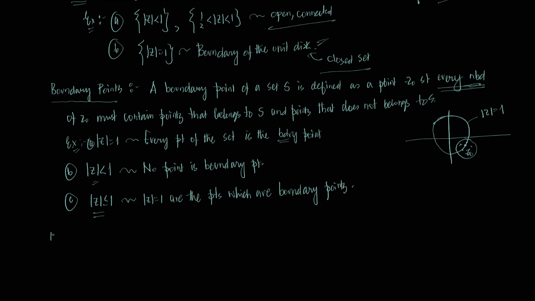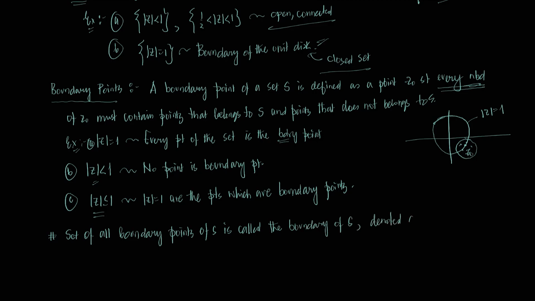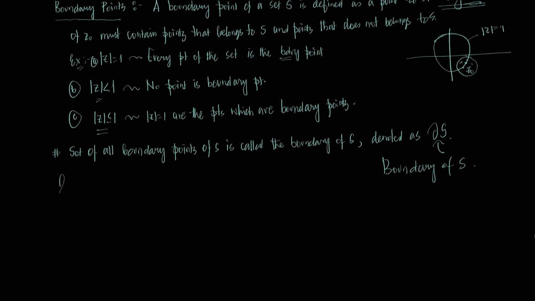Now if you put all this together, the set of all boundary points of S is called the boundary of S, and throughout this course we are always going to denote it by del S. Let's look at a small example.